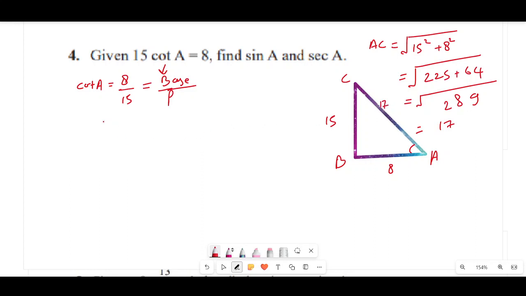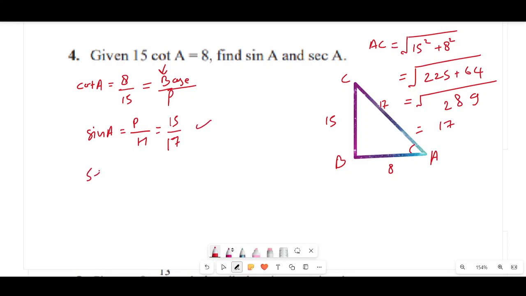Now what is the value of sin A? Sin A is perpendicular by hypotenuse. Then perpendicular is given as 15 and hypotenuse is 17. That is the answer.